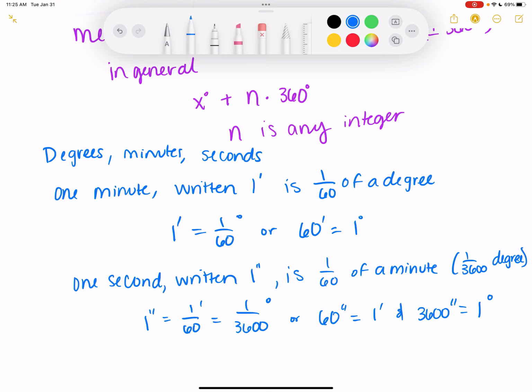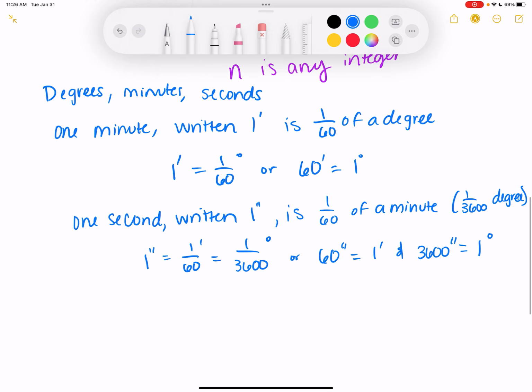Alright, so convert each angle measure to decimal degrees, if applicable, round to the nearest thousandth of a degree. So number 54, 82 degrees, 30 minutes. So we're going to convert the 30 minutes to degrees.